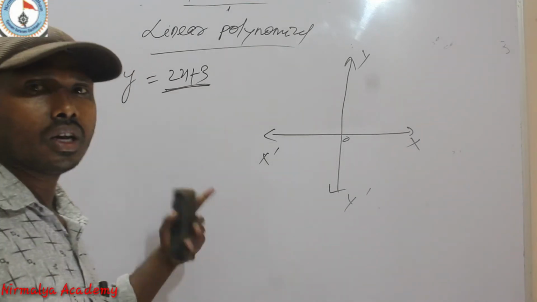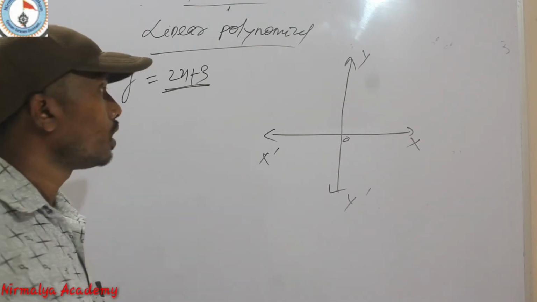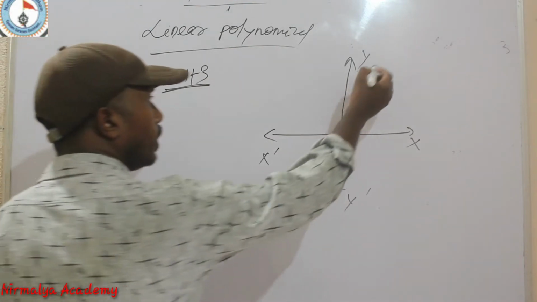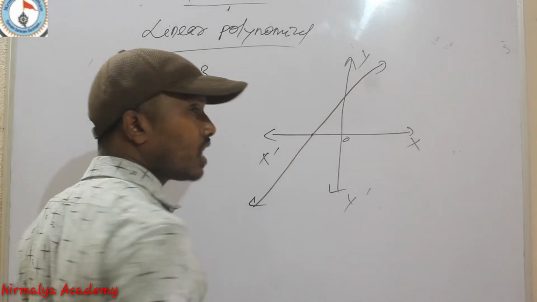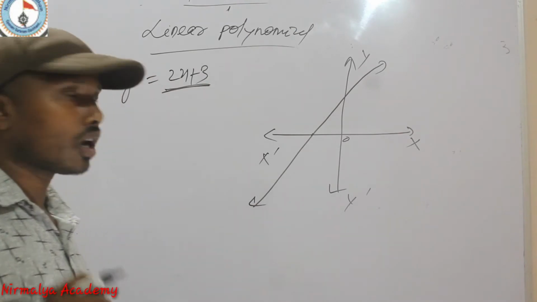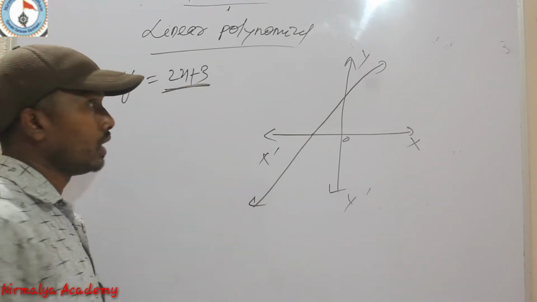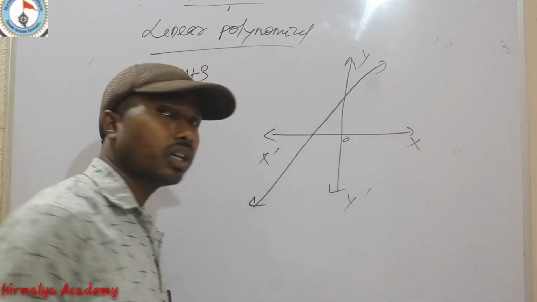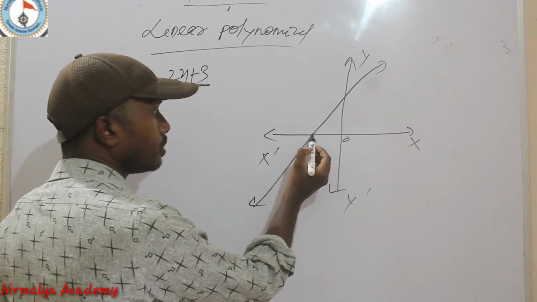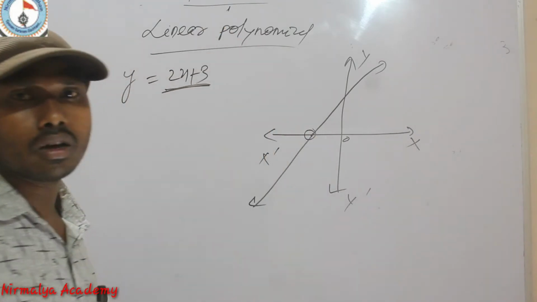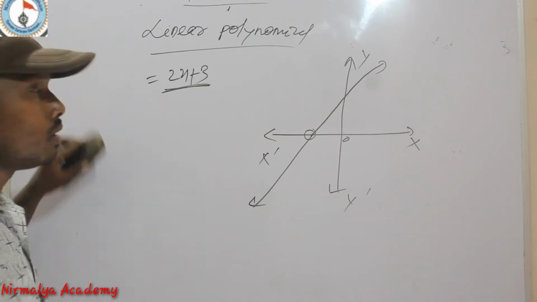The graph of a linear polynomial is always a straight line, and this straight line will intersect the x-axis at exactly one point, and that is the zero of that linear polynomial. We have already learned about the zeros of the polynomial.